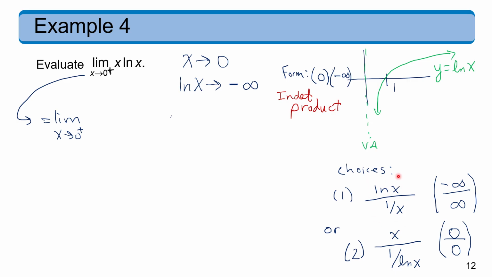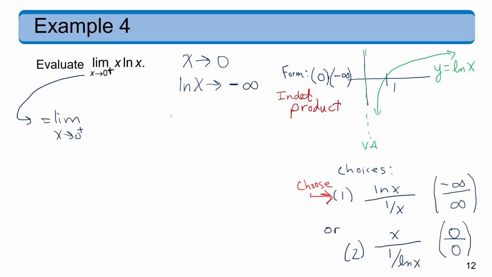The derivative of the numerator is easy, right? We know the derivative of natural log x. And the derivative of the denominator is a lot easier than the denominator for the second choice. So we're going to choose this one, just because it looks like it might be a little bit easier to apply L'Hopital's rule.